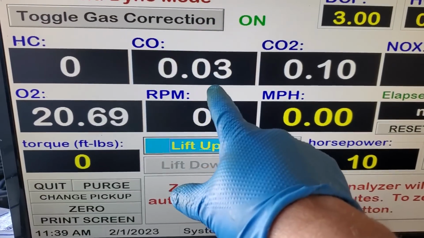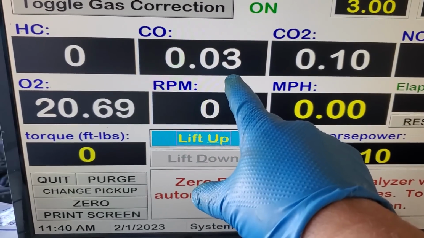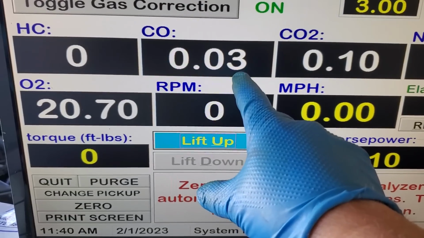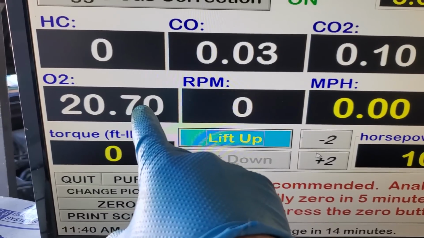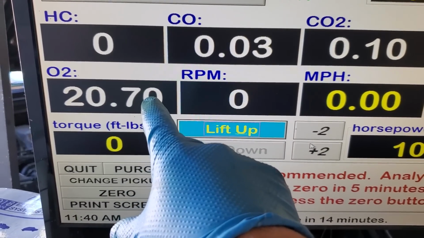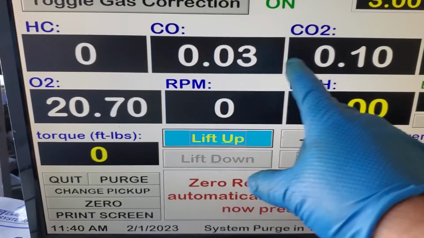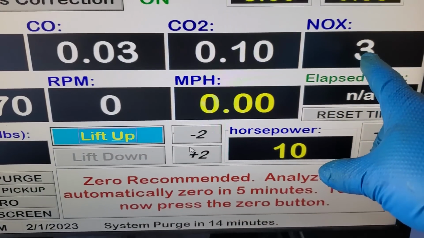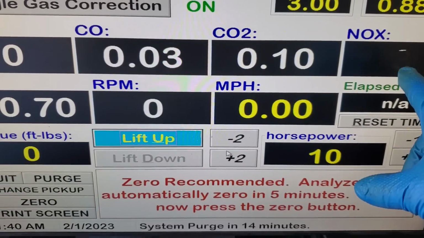So carbon monoxide is your rich/lean indicator. On this, it should be around 0 because it's got big catalytic converters and an air pump. Your oxygen should be probably around 3% at light cruise. NOx, if the EGR is not working, that could be an ECU problem.